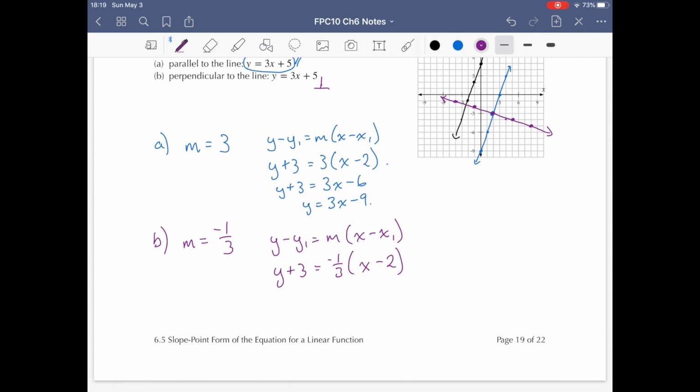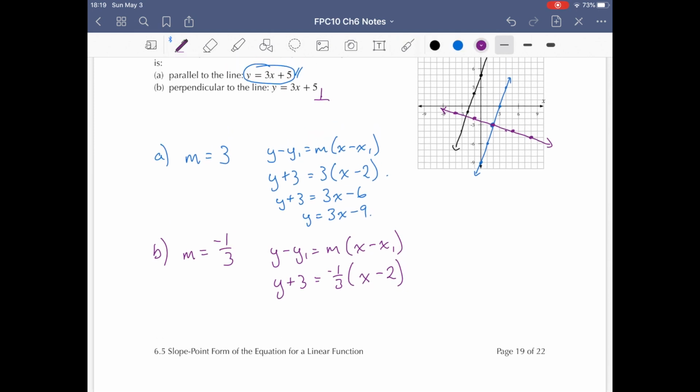Now we work this out, and we get y plus 3 is equal to negative 1/3 x plus 2/3.